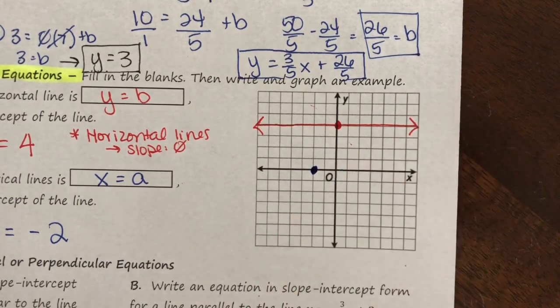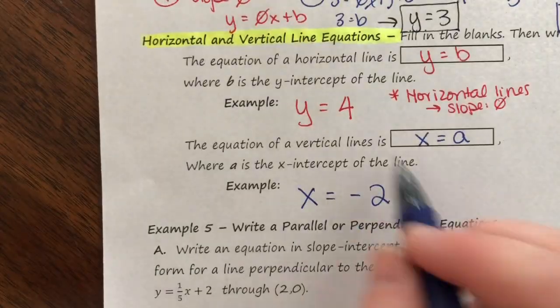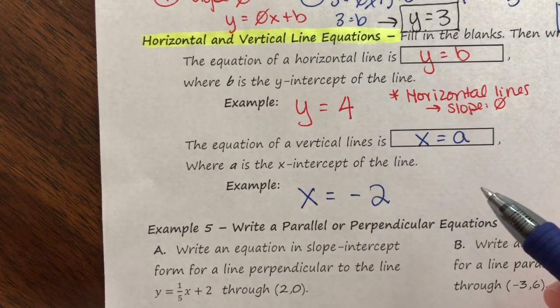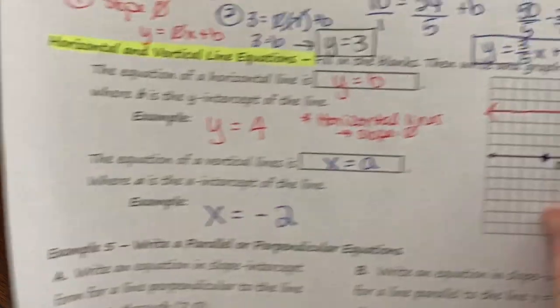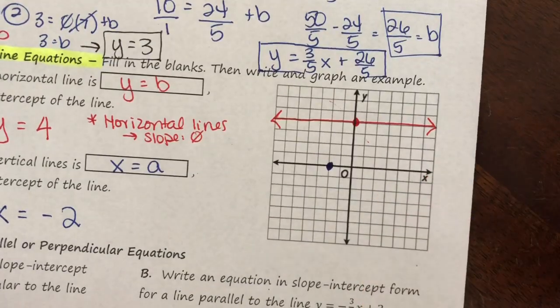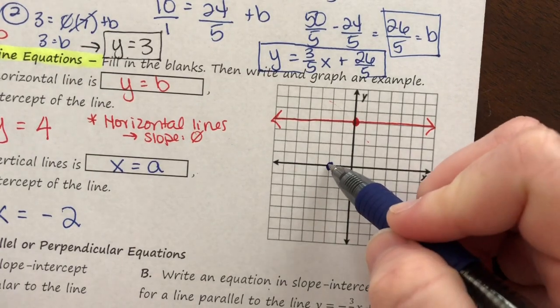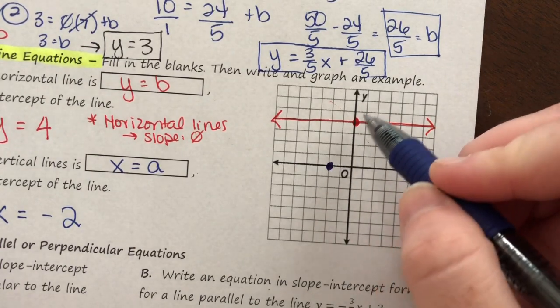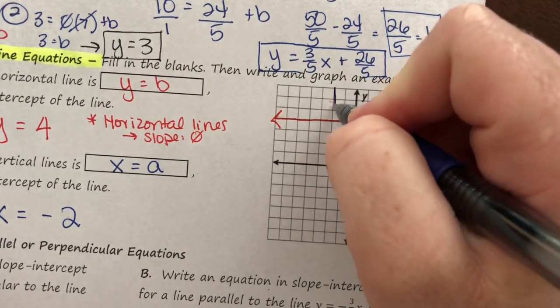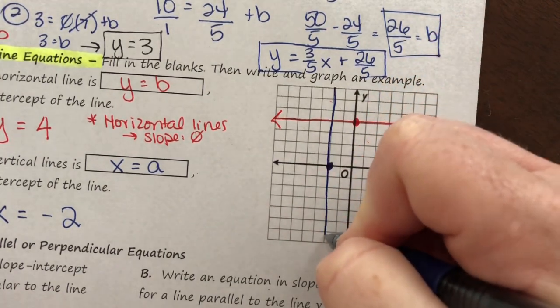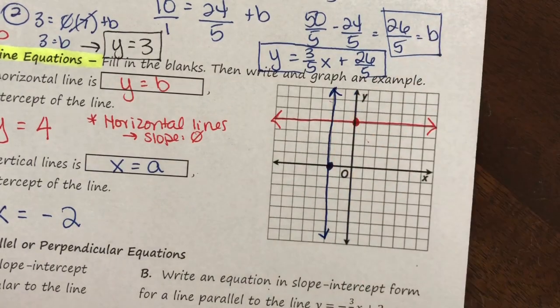My line crosses through there, but there is no y value in my equation. There's no y term. If there's no y in my equation, that means my line's never going to cross the y-axis. So the only type of line that can cross through this point but never go over y has to be parallel to y. So it's a vertical line.